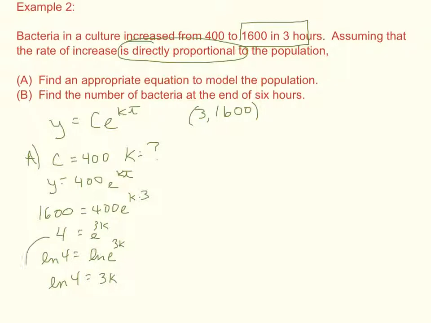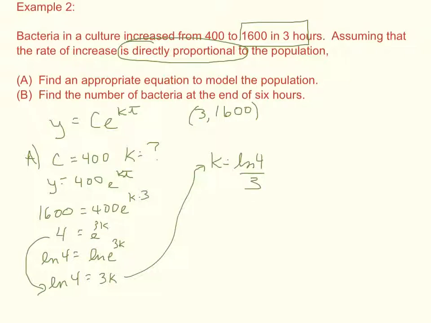So you can actually skip over that step showing you taking the log of both sides, and you could just write that ln 4 equals 3k. All right, so then we're going to solve for k. We'll come up here. So k will equal the ln of 4 divided by 3.